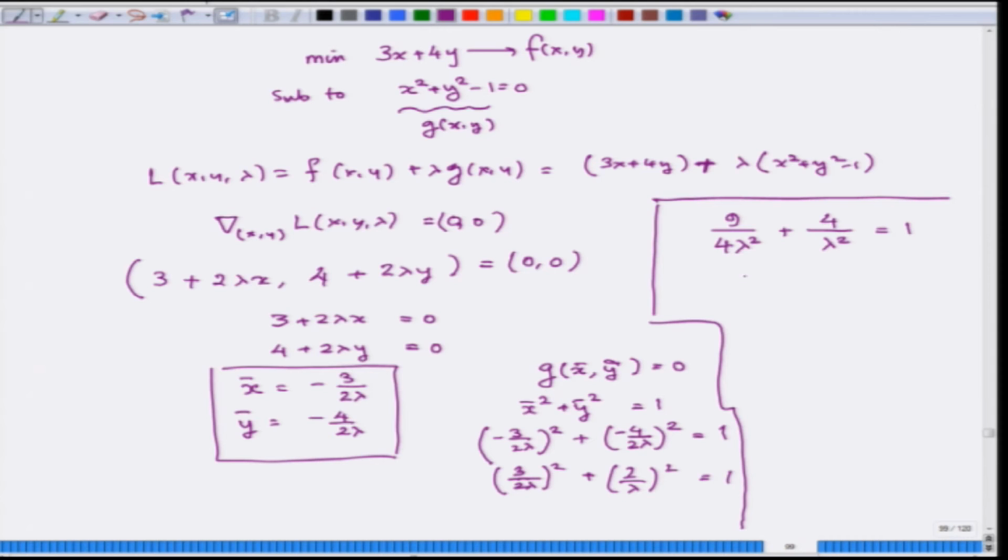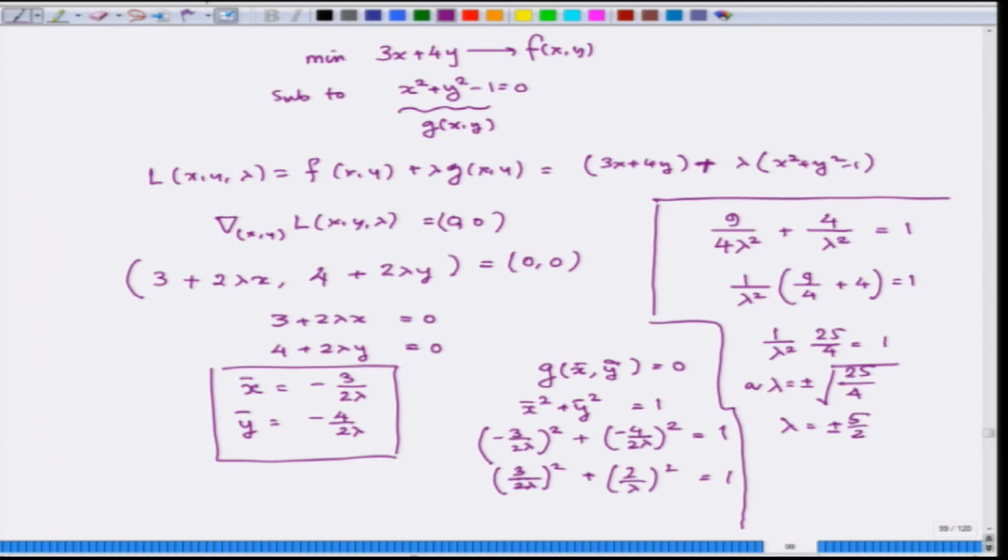That means 1 by lambda square times (9 by 4 plus 4) is equal to 1. So, it is becoming 1 by lambda square times 25 by 4 is equal to 1, or lambda is equal to plus minus square root of 25 by 4. So, lambda is equal to plus minus 5 by 2.